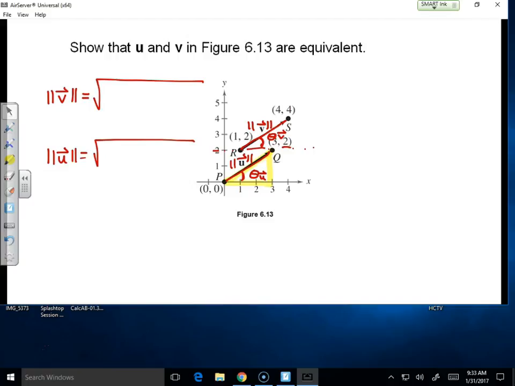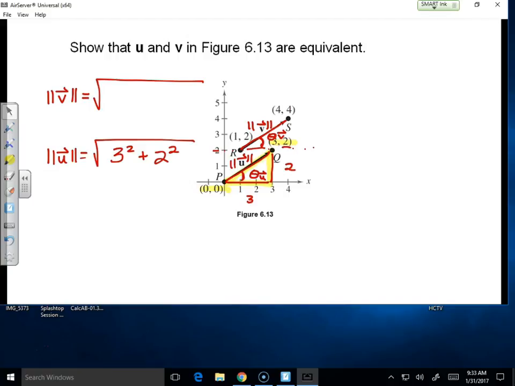Question, looking at that vector, he has a terminal point of (3, 2) and an initial point of (0, 0). What does that mean his horizontal side of the vector is? How about his vertical side? 2. So we can say x2, 3, minus x1, 0, which ends up being 3 squared, plus y2, which is 2, minus y1, which is 0, which ends up being 2 squared.